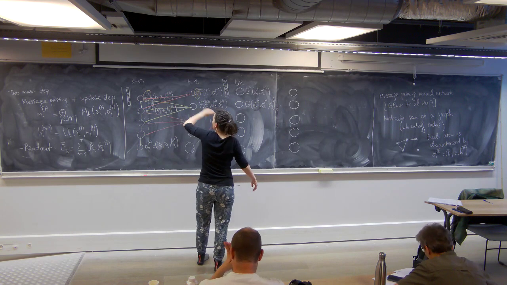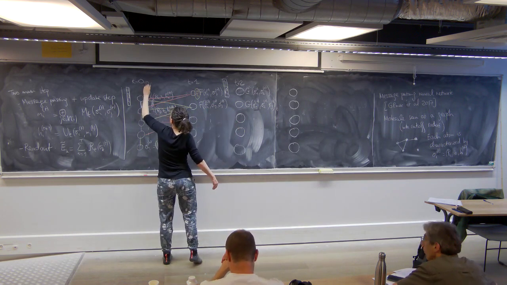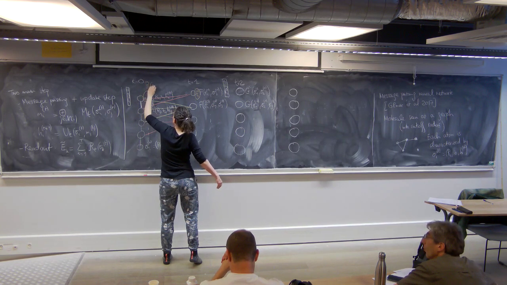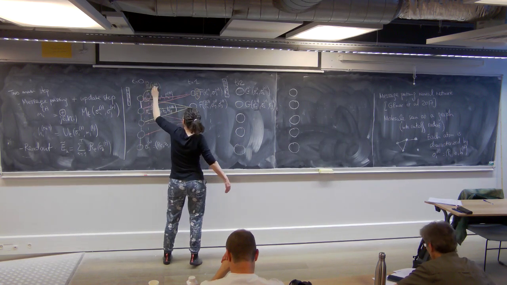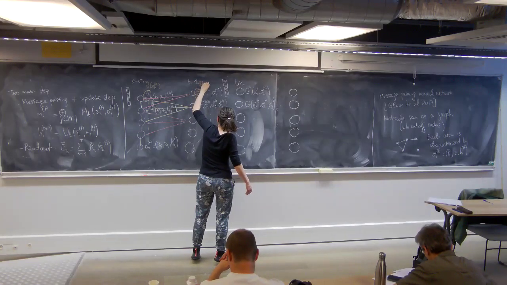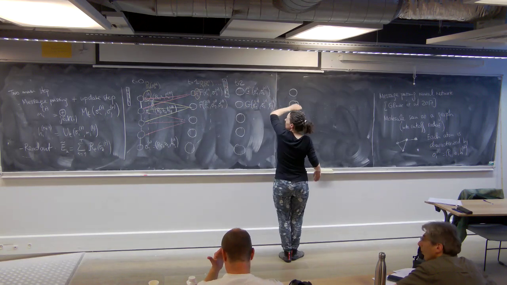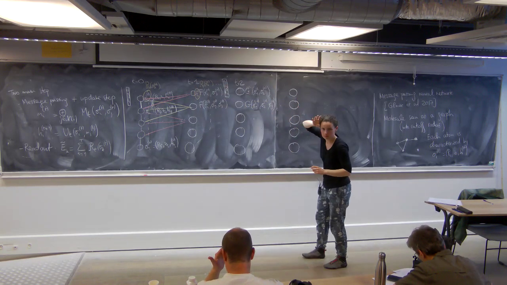So I compute RT of sigma k 0, then I compute RT of sigma k 1, and so on, and I sum them all.